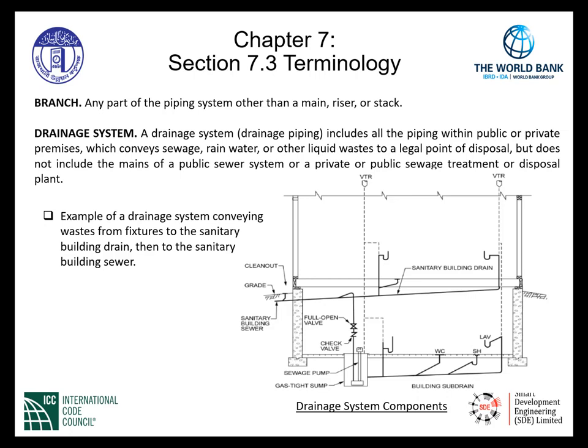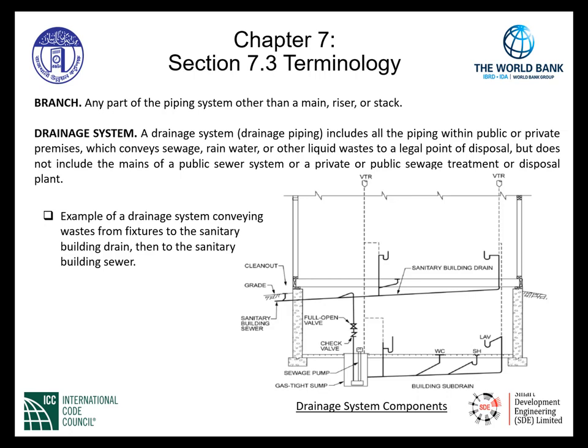We have a drawing indicating a drainage system and components. The example shows a drainage system conveying waste from fixtures to the sanitary building drain, then to the sanitary building sewer. Looking at the drawing, we can observe the sanitary building drain within the building below the second floor level.